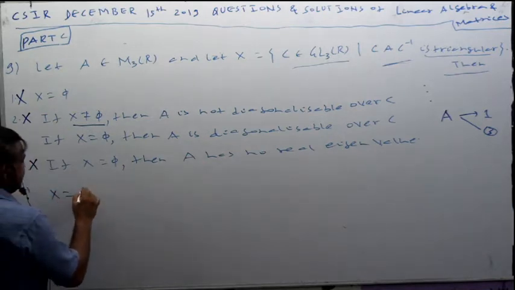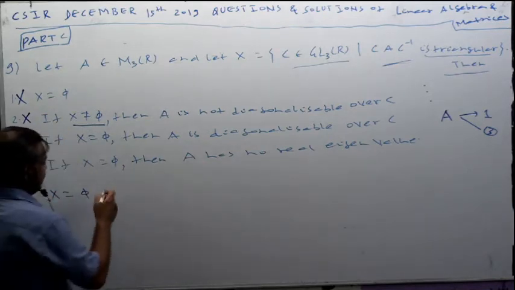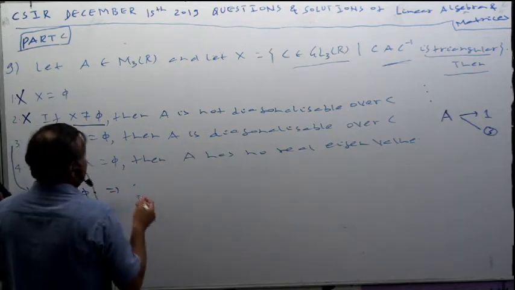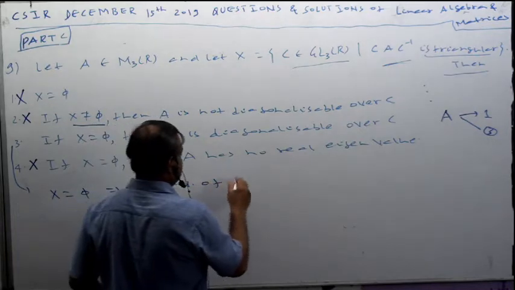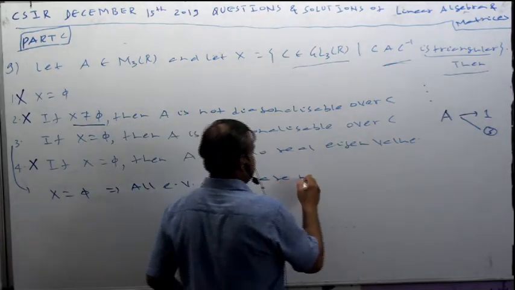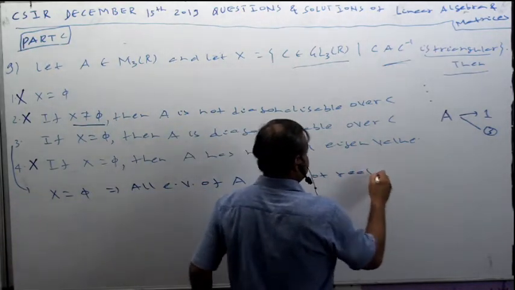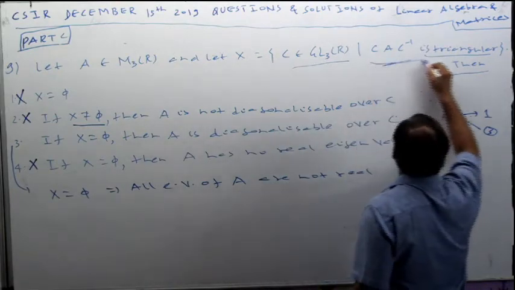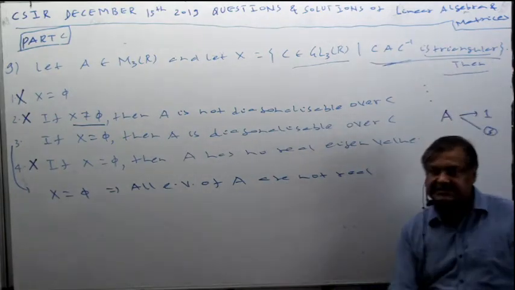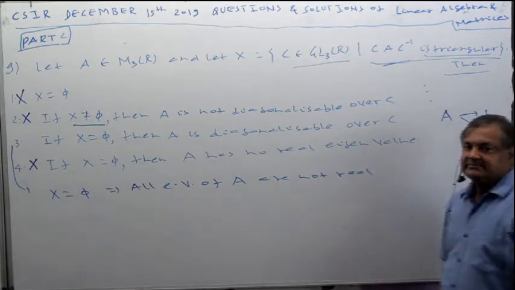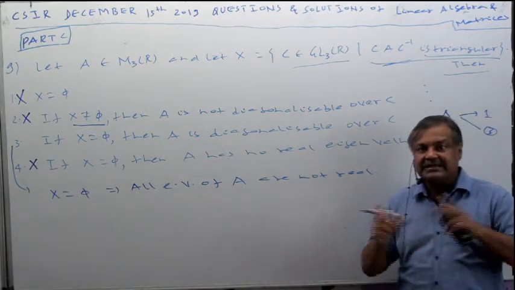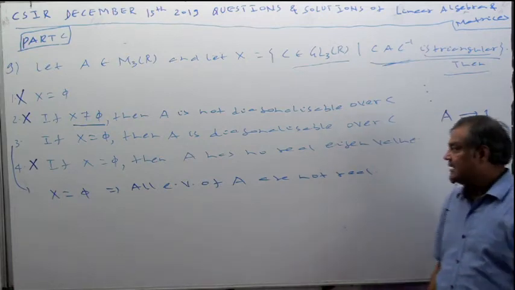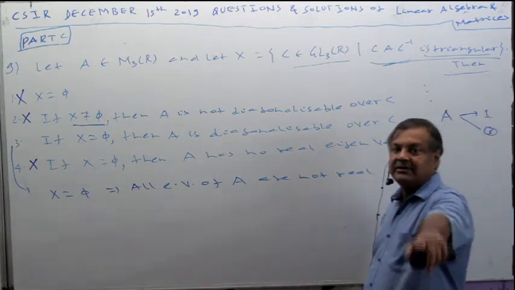X is empty implies all eigenvalues of A are not real. Because if they were real, then a triangular matrix must exist for some C. So there is no C which can triangularize your matrix over R. That means all eigenvalues are not real.